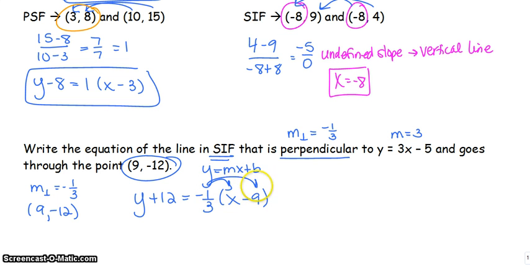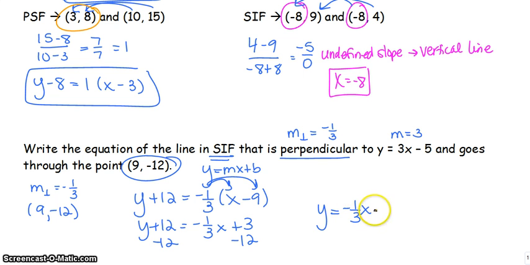Now distribute. So we've got y plus 12 is equal to a negative 1/3 x plus 3. Subtract 12 from each side, and we've got y is equal to a negative 1/3 x minus 9. So make sure that you've satisfied all parts of the problem, the slope, the form, everything.